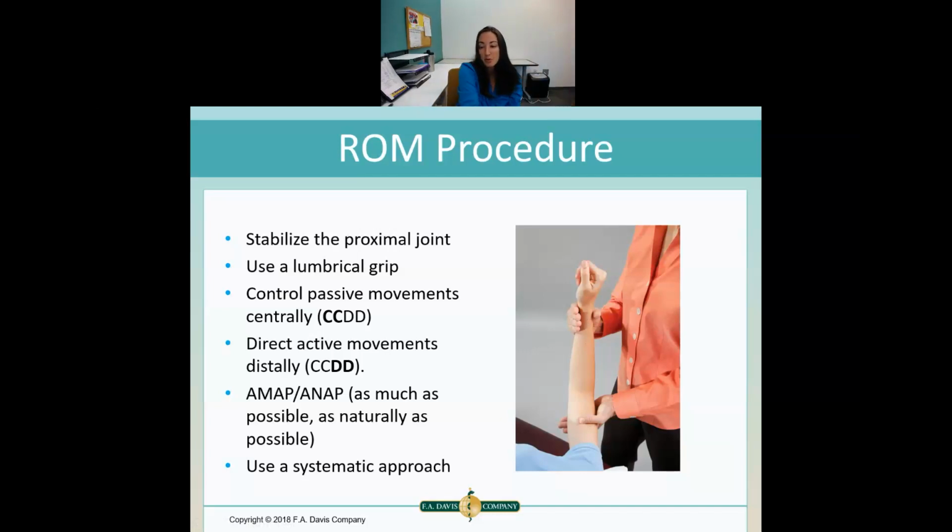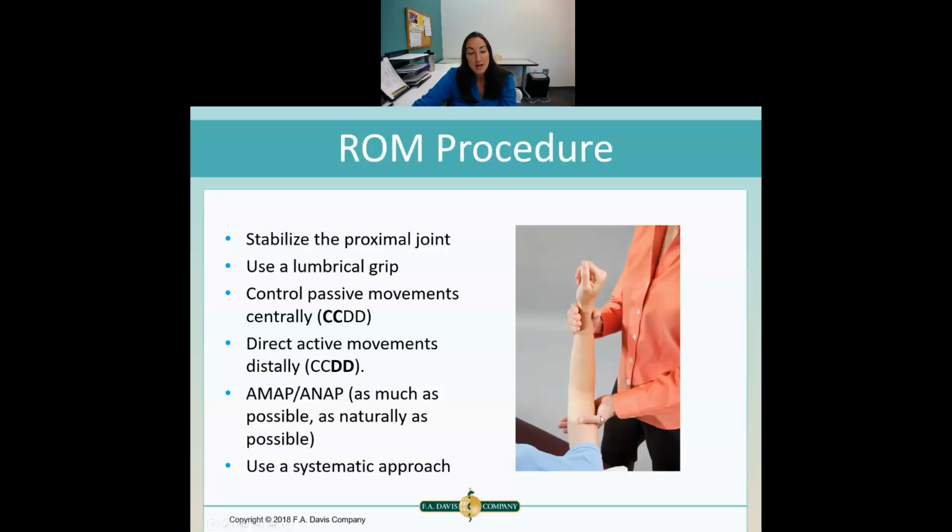That's how we typically will grip the patient's arm, that lumbrical grip. And then CCDD is control centrally and direct distally. That's why we stabilize proximally and move the distal portion, because we're controlling the proximal portion and then getting our movement distally.